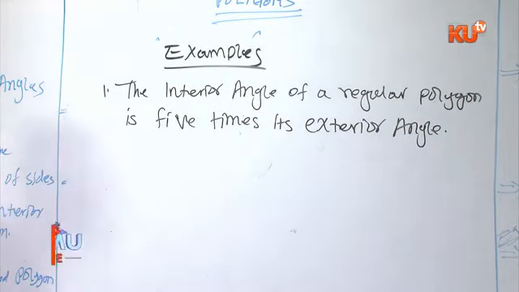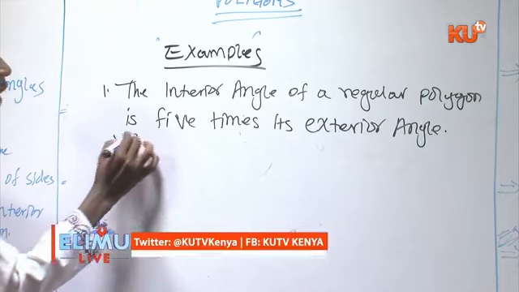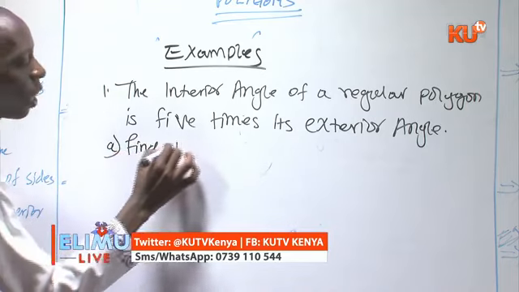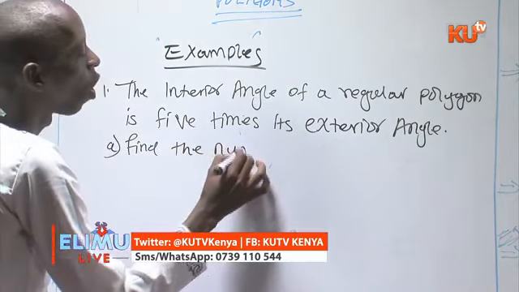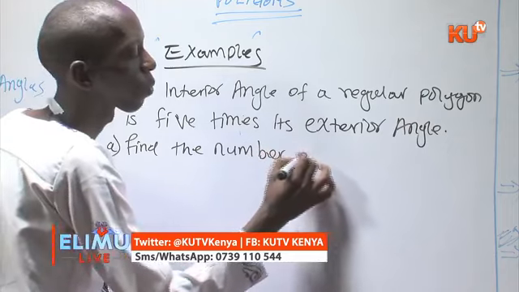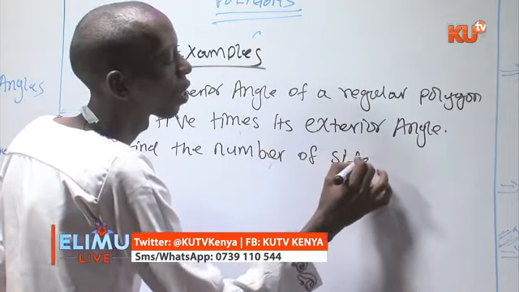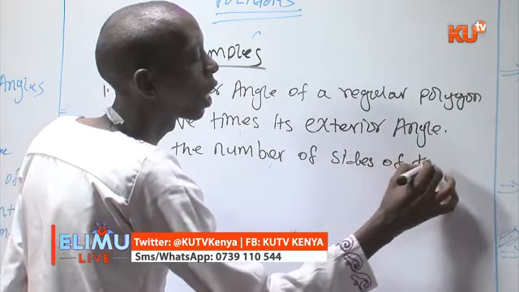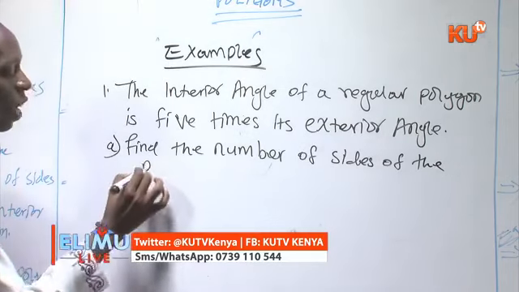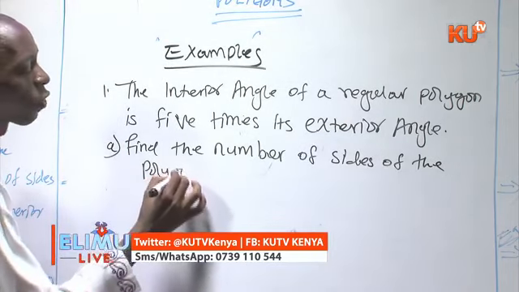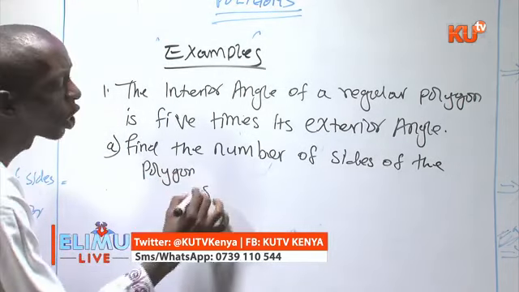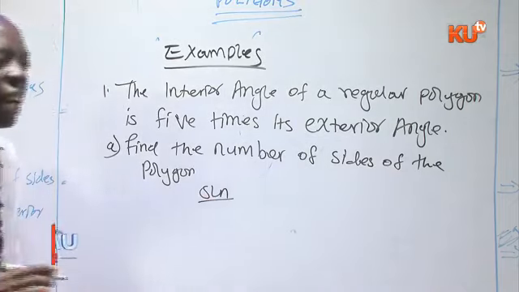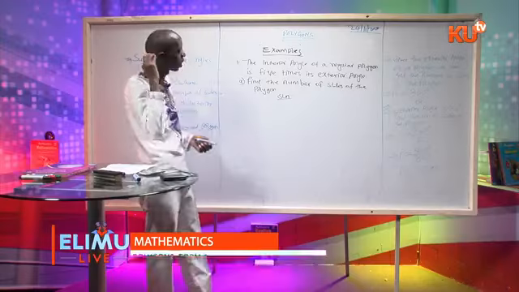A, find the number of sides of the polygon. Solution.